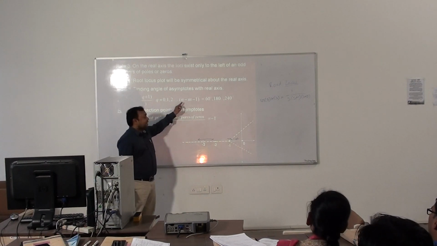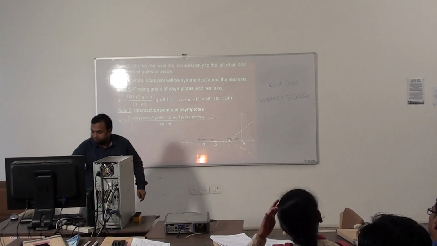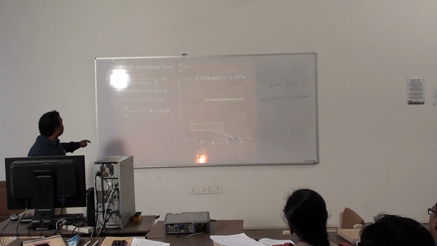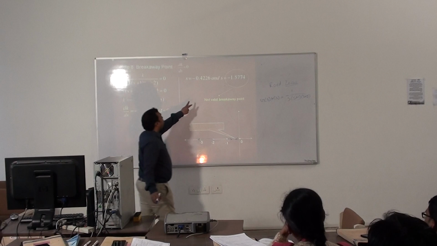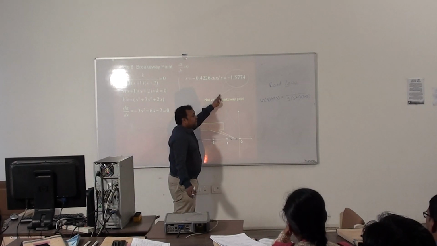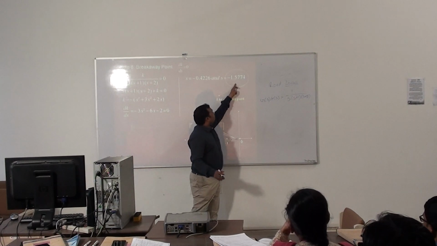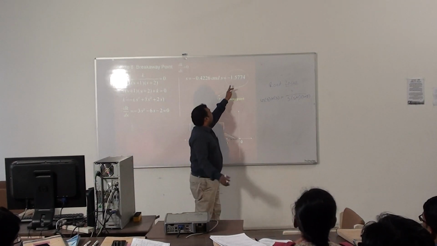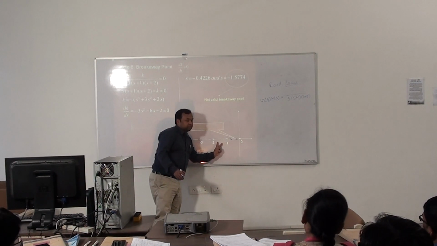By this method we can calculate the angle of the asymptotes. Here we have calculated the breakaway point, and out of the two we find, only one will be valid and the other will not be valid, because that breakaway point is not on the root locus. It is at minus 1.577, but there is no path of the root locus there, so it will not be valid.